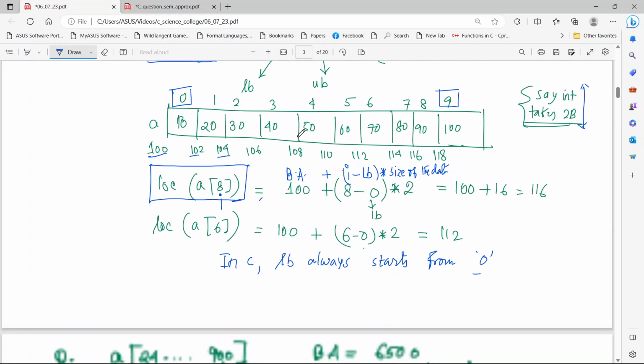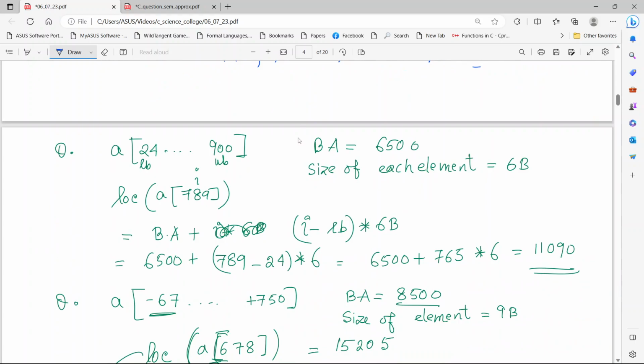So in data structure they may give questions like this: an array is given where the starting location is 24 and the upper bound is 900, the base address is given, and the size of each element is given. You have to find the address of the location 789.